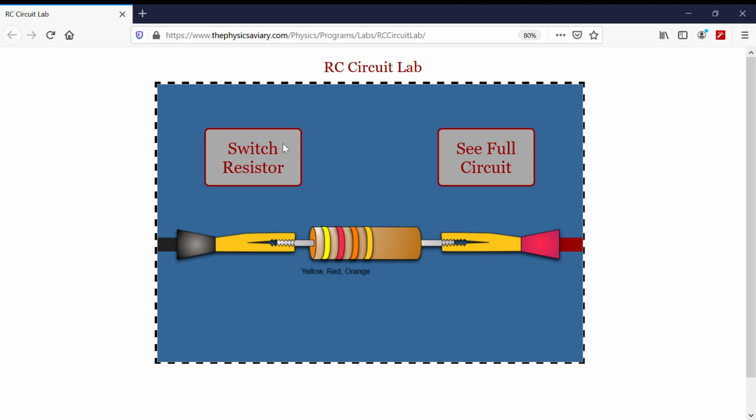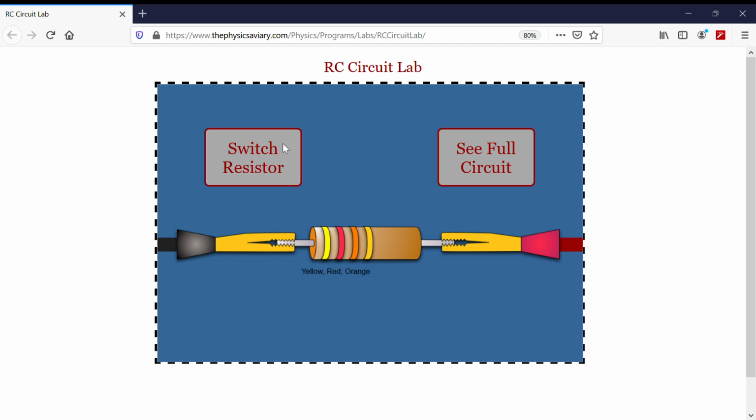Well, we will have to read the bands from the left to the right. The first band will be the one on the left. The second band will be the one that comes after it to its right, and the third band will be the one that comes to the right of the second one. Okay. There's also a fourth band, but that fourth band corresponds to the tolerance of the resistor, and we will not worry about that in this lab.